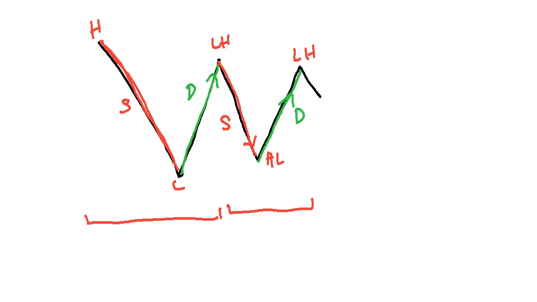So now we want to see the forces of supply and the forces of demand. Who is going to win this race? It could be that the demand side is winning. If the demand side is winning, then there's a tendency of the price moving upward, so it may create an uptrend.